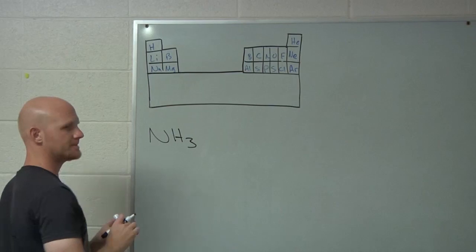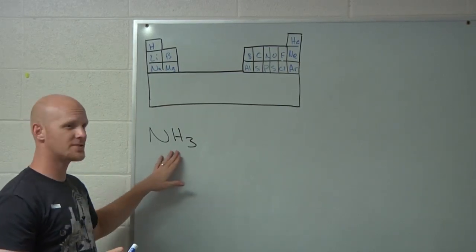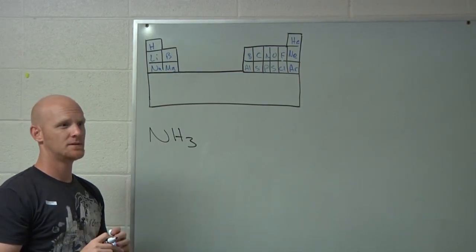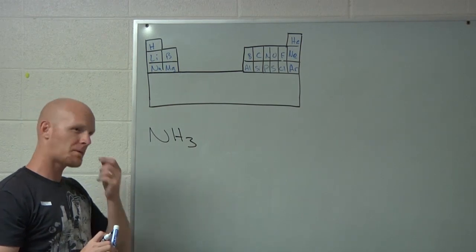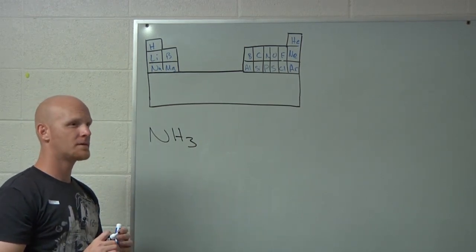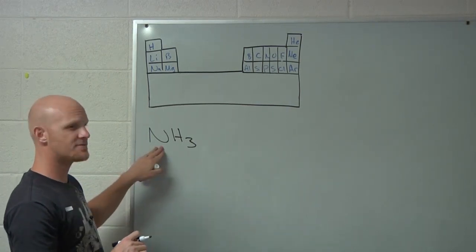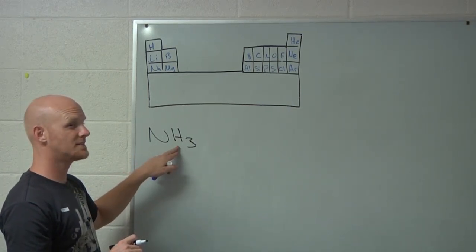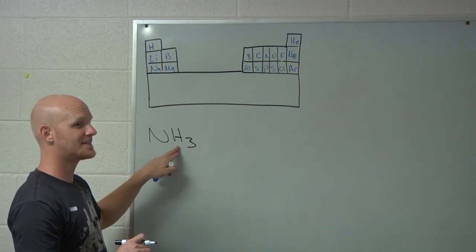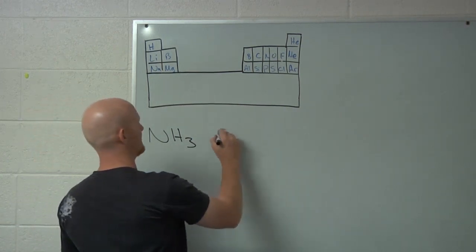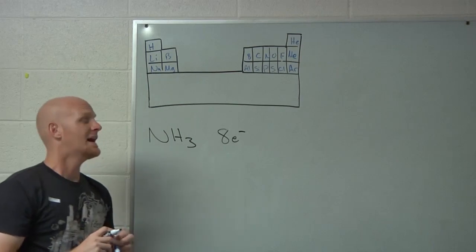So we'll look at ammonia. How many total valence electrons in ammonia? So nitrogen's got 5, each of the hydrogens has 1, and that adds up to? Cool. Who goes in the middle?